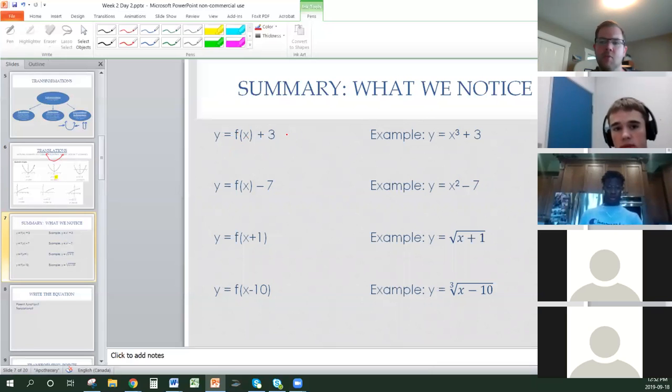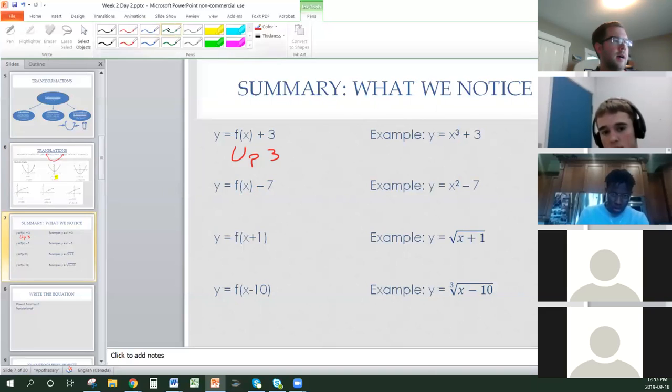The graph is going to be moving in which direction? The graph will move up 3. Up 3. Excellent. And here would be an example of an equation where it's the x cubed function and then there's a +3 on the end.